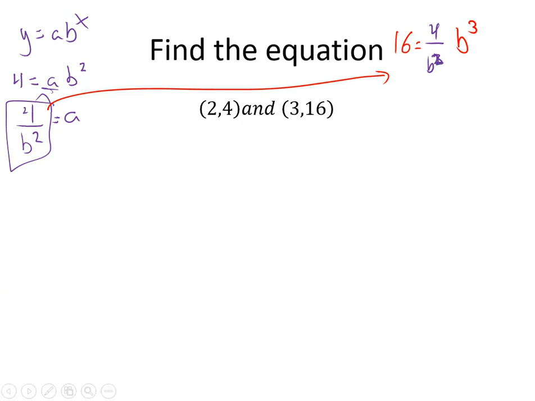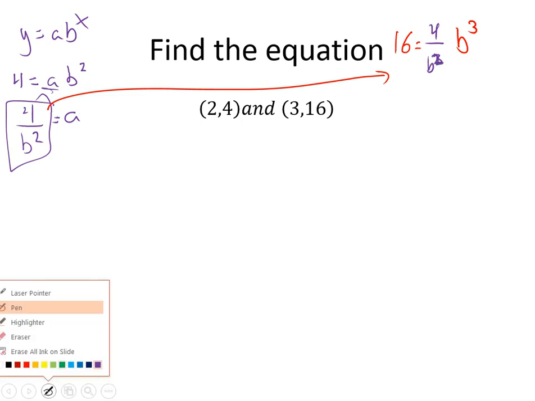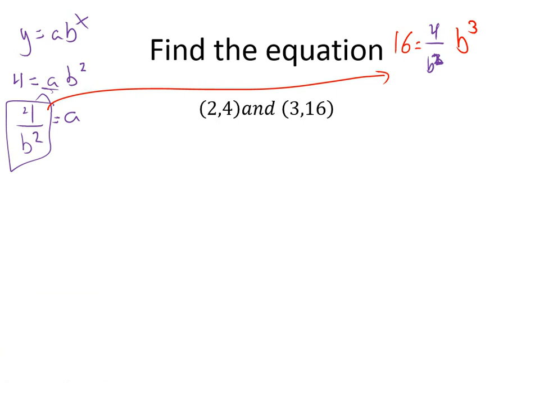Now we simplify and solve for b. 4 over b squared times b cubed gets us down to 4b. So we have 4b is equal to 16, which means b is equal to 4. So now we know what b is.